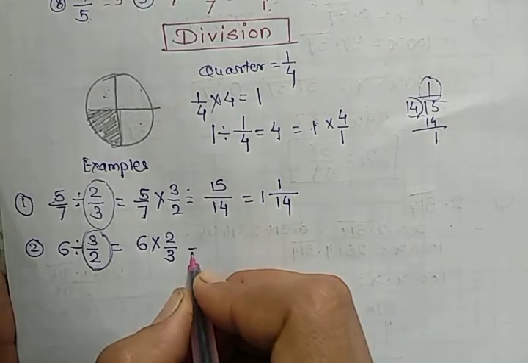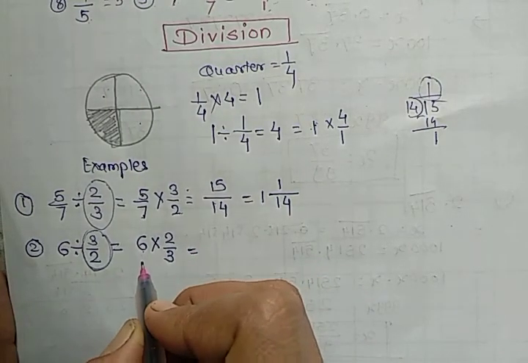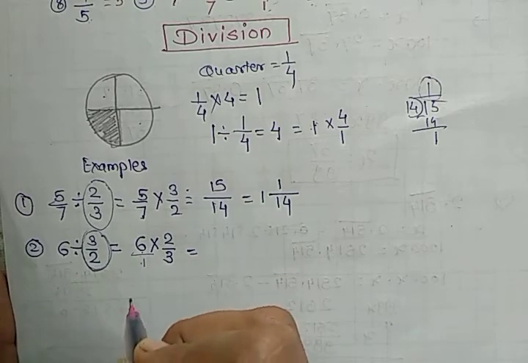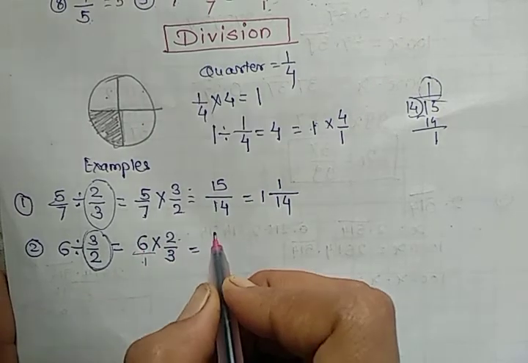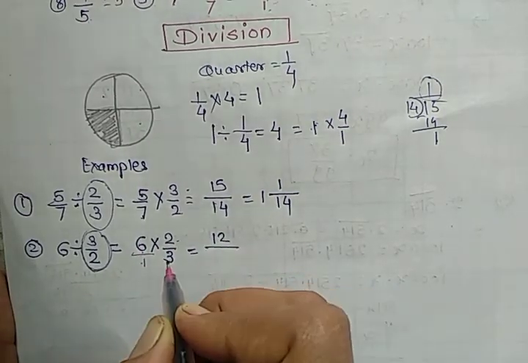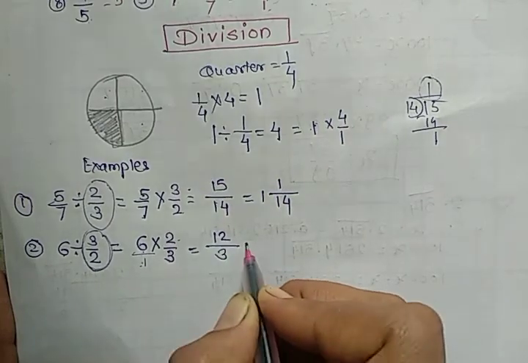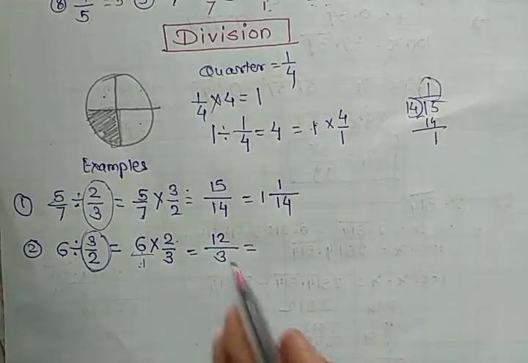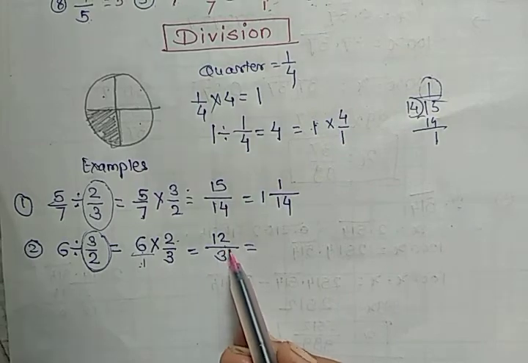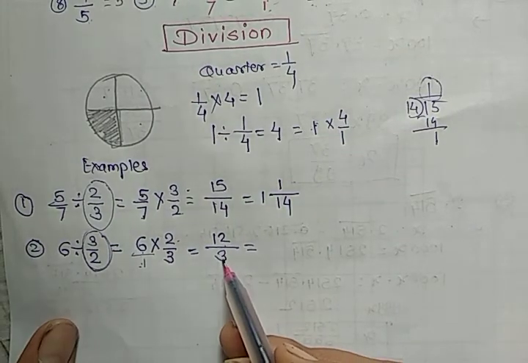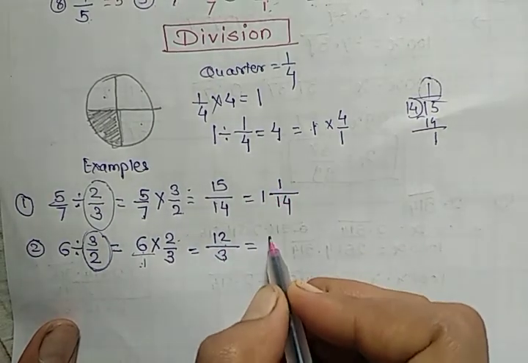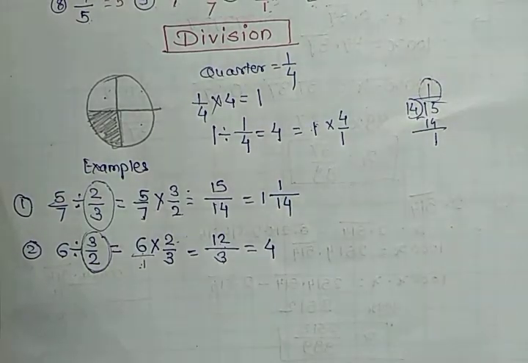Here there is no denominator, it means there is 1. So now 6 into 2 is 12 and 3 ones are 3. Now here you can reduce this because 12 is divisible by 3. So 3 ones are 3 and 3 fours are 12. So the answer is 4.